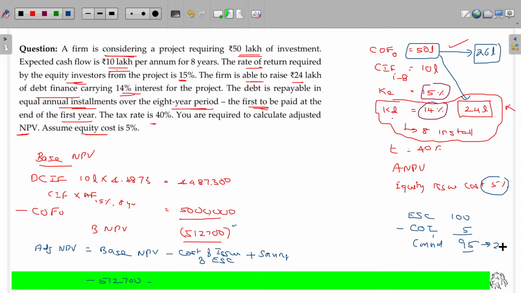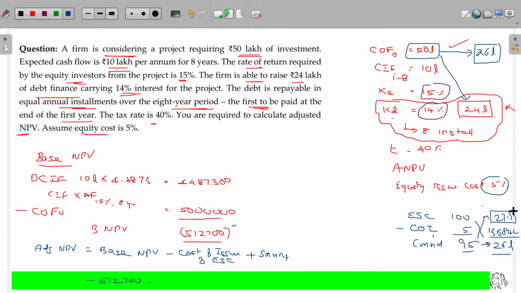So I am in need of 26 lakhs. If I do the cross multiplication, how much share do I have to issue? What is the cost of issue? I think it should be 1,36,842. This value being 27 lakhs.